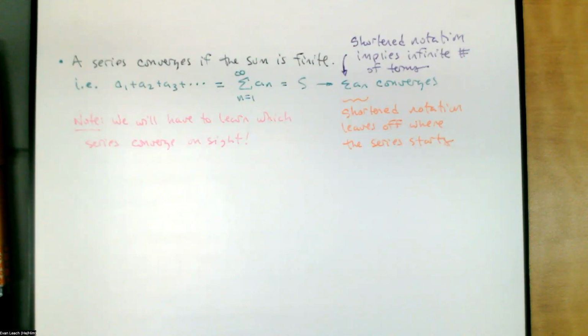Here's why we have to know by looking at it. In the case of a power series, when we plug a number into a power series, we get a series. If we take a real number as an input to a power series, the output is a series.